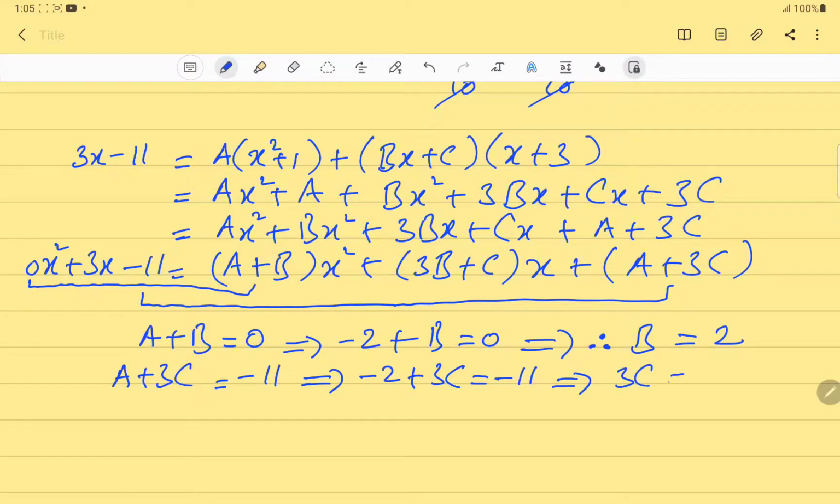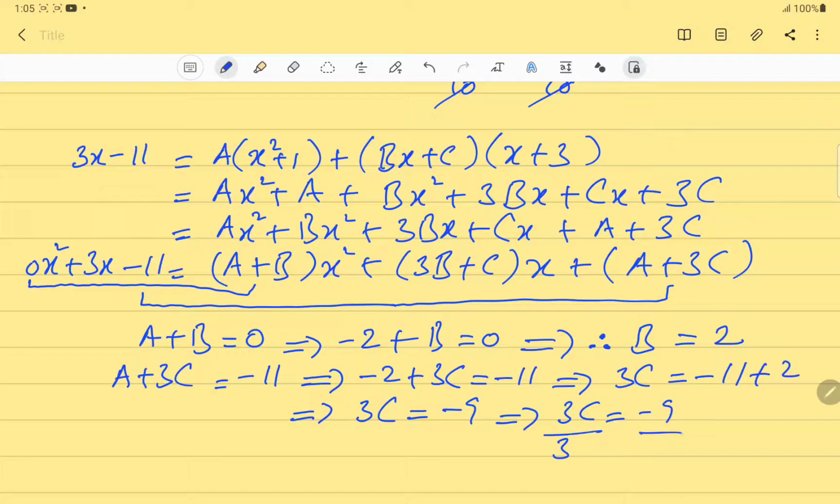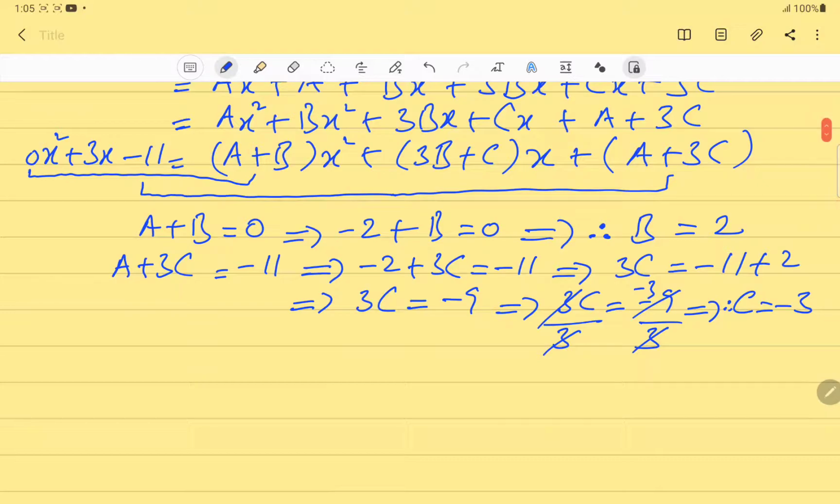So 3c is equal to minus 11 plus 2. 3c is equal to minus 9, and we divide both sides by 3, which means c is equal to minus 3.